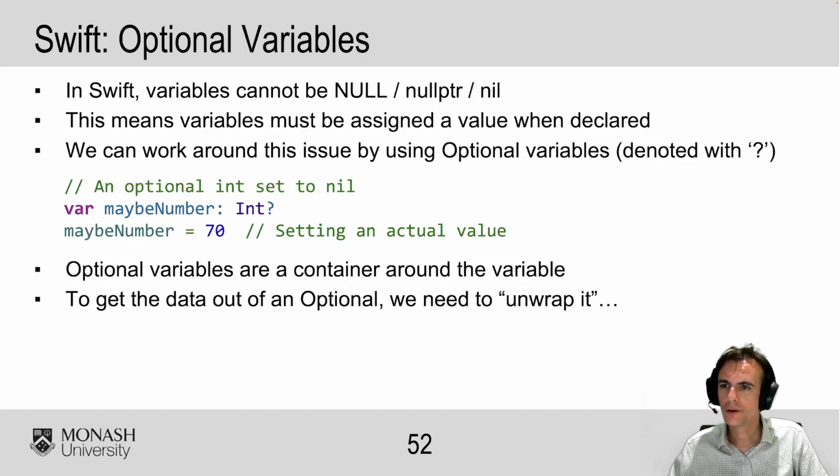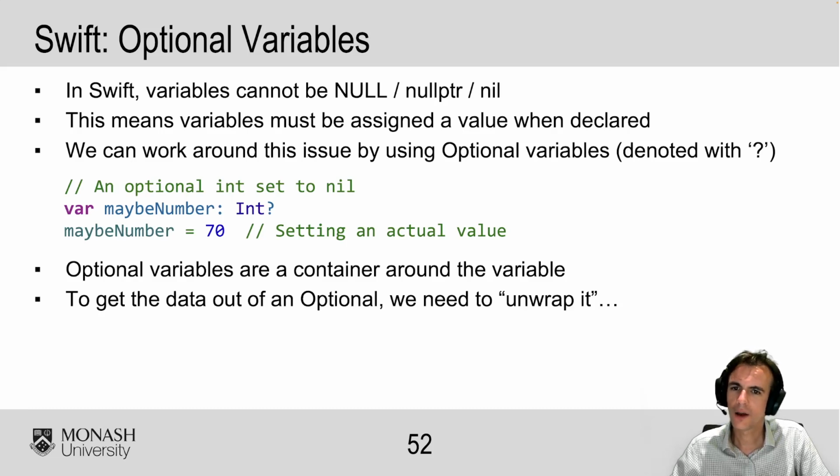One of the peculiarities in Swift that might be a bit different than some other languages you've seen is that we don't have pointers as such. In Swift, variables cannot be a null pointer or null or nil. This means that variables must be assigned a value when they're declared.